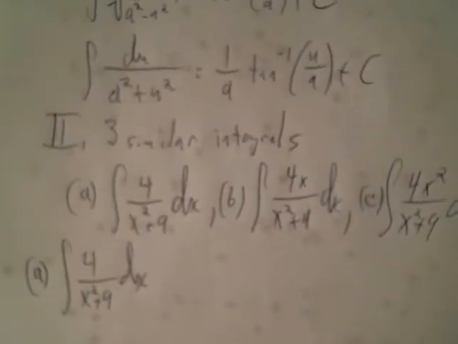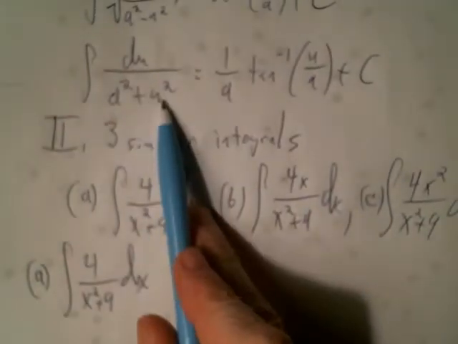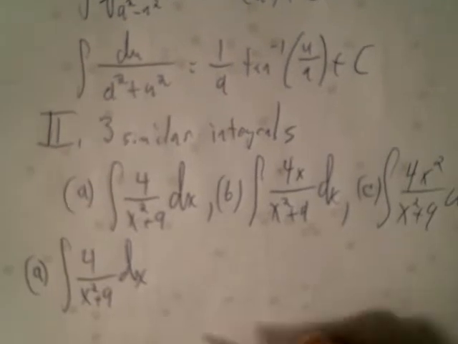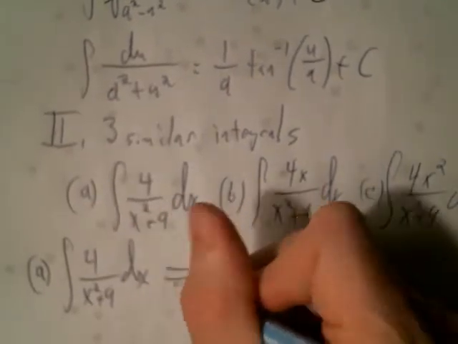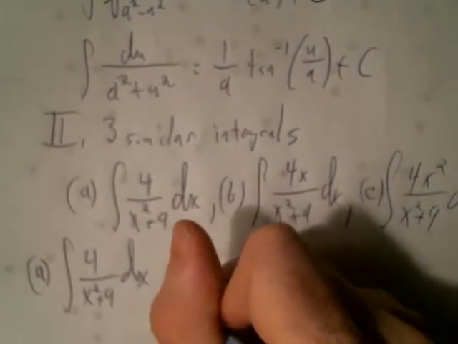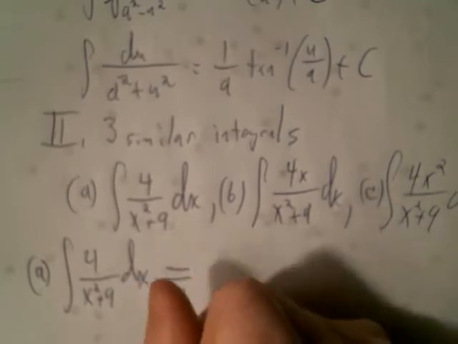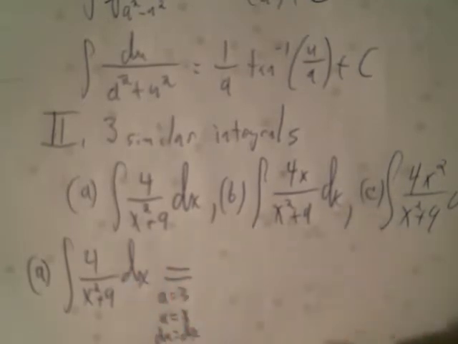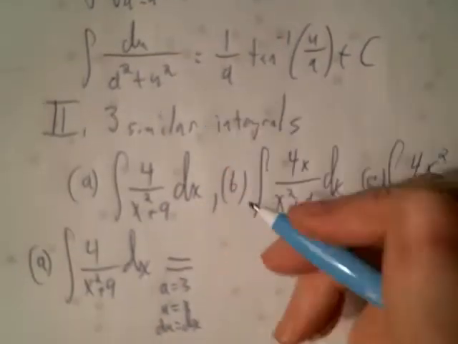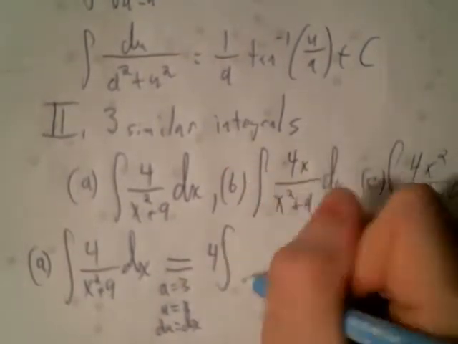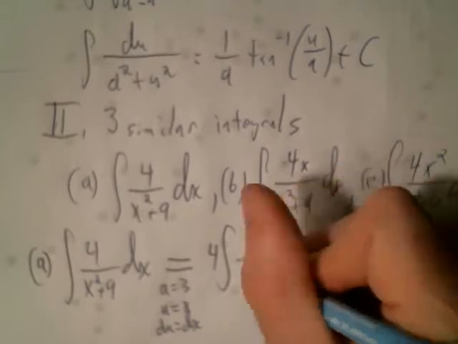This guy is a tan inverse form. If it doesn't look clear to you, we could identify the a value as 3. In this case, u is just plain old x, so du we could replace with dx if you want to put it into this exact form. We probably want to factor out constants, that's always a nice thing to do.